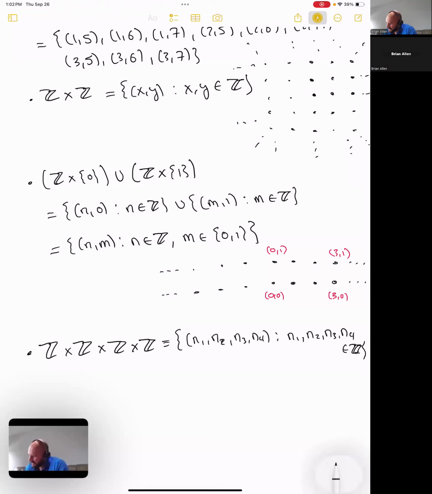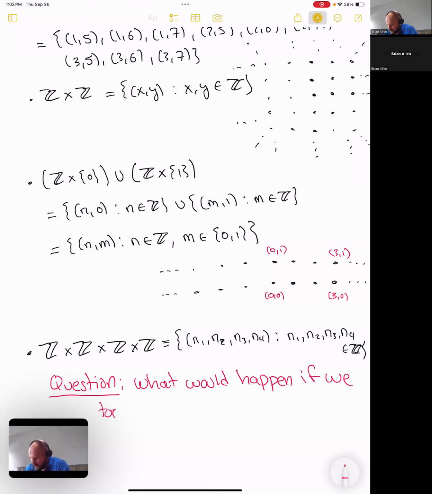Okay, and the kind of open-ended thing I want to leave you with is here's a question. What would happen if we took an infinite Cartesian product of sets?